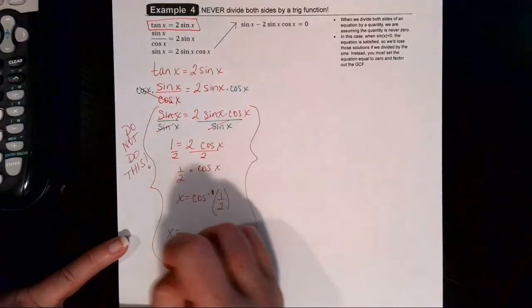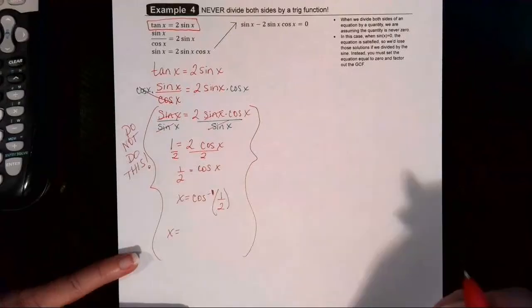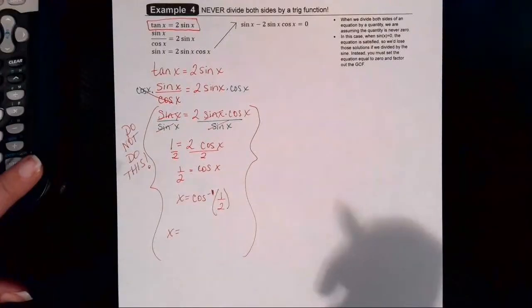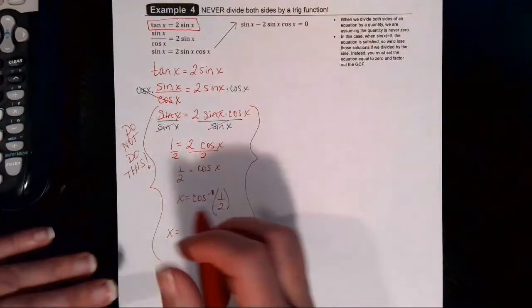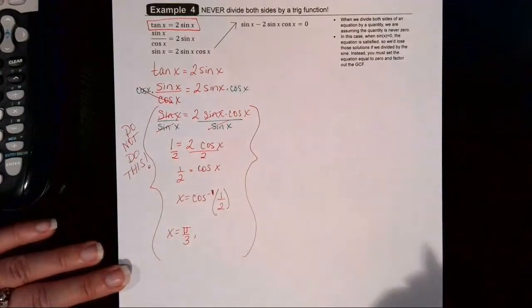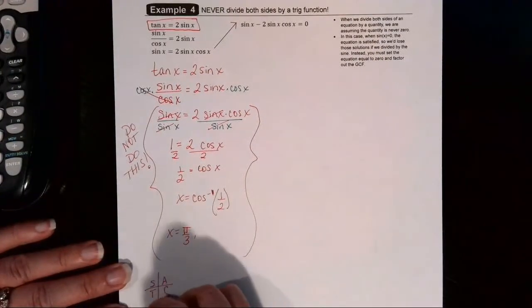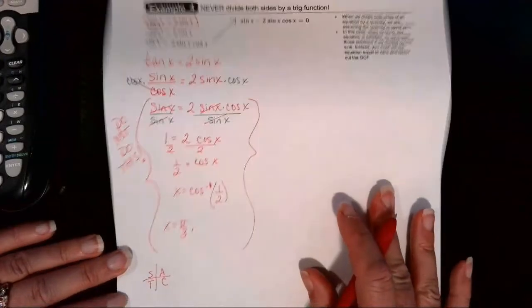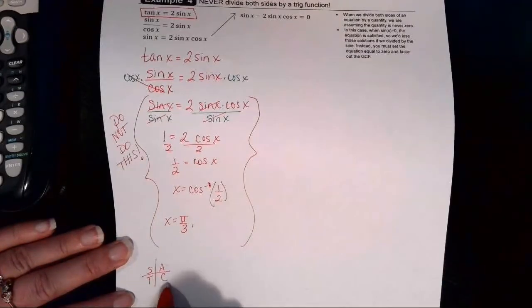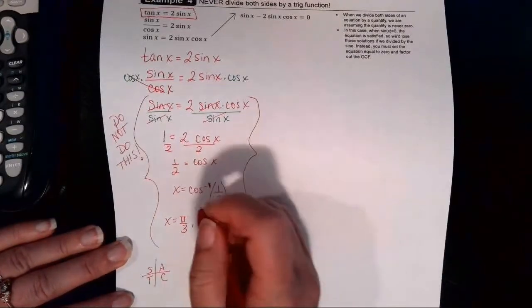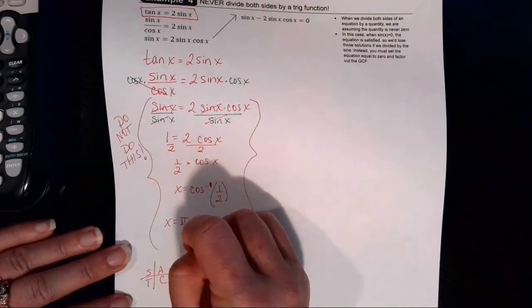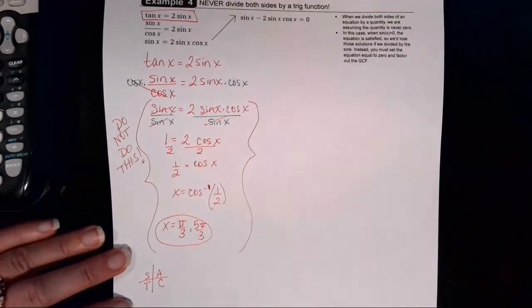And then they would look at their unit circle and recall that positive 1/2 for cosine, let's see, that's the x-coordinate, that would be pi over 3. And then all students take calculus, so then we would know we need answers from quadrants 1 and 4, and so 5 pi over 3 would be the second solution.